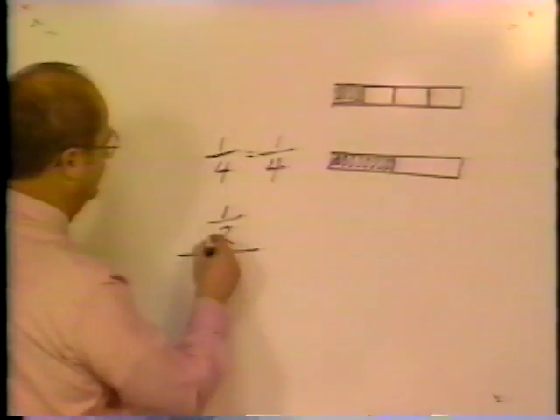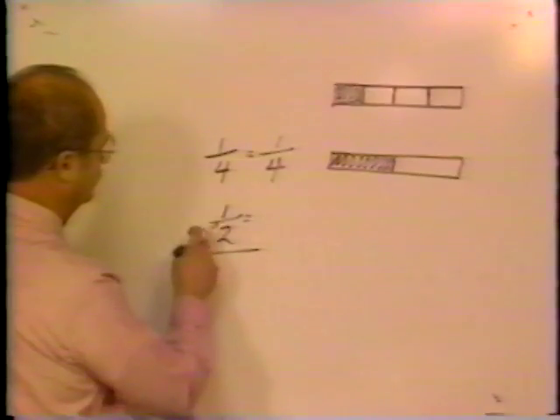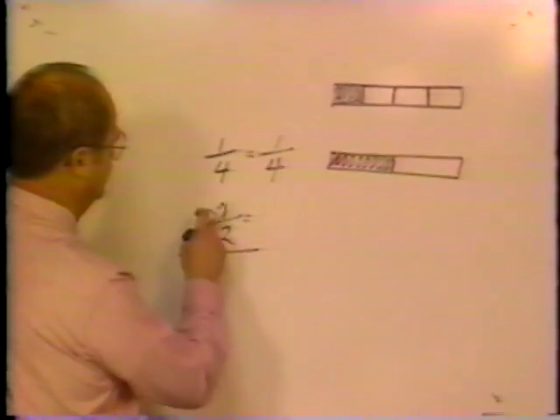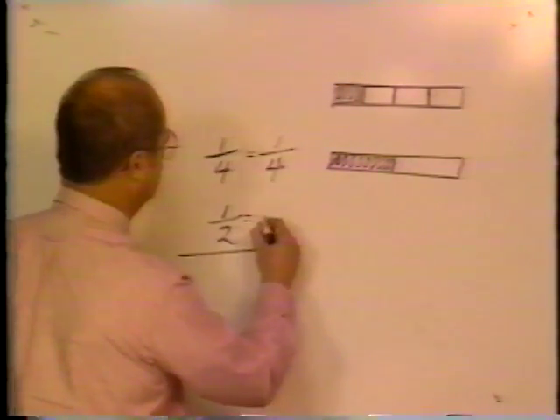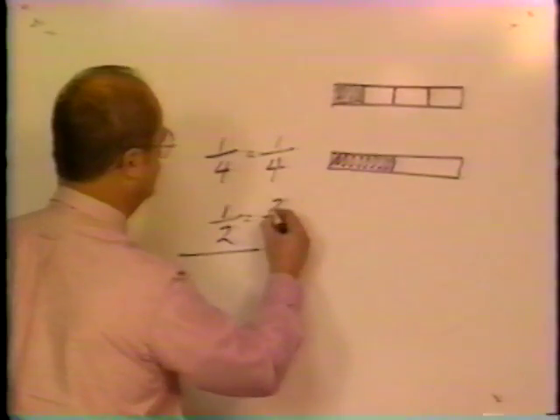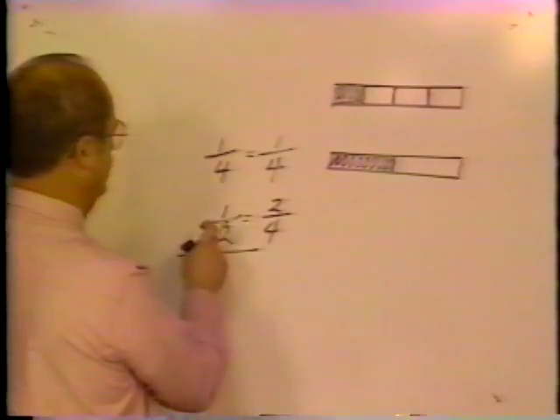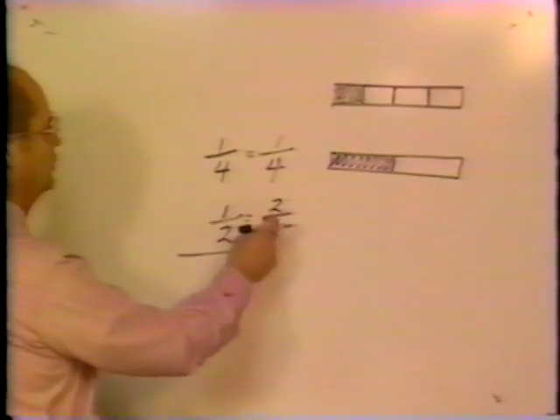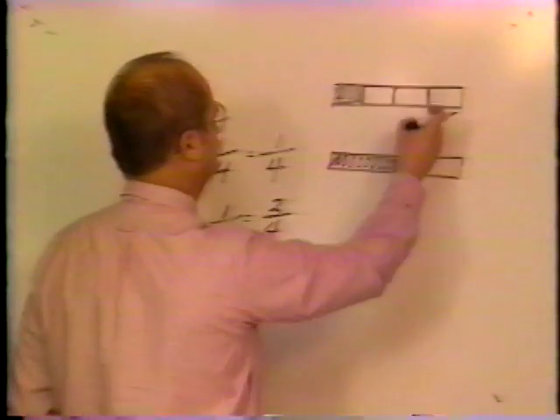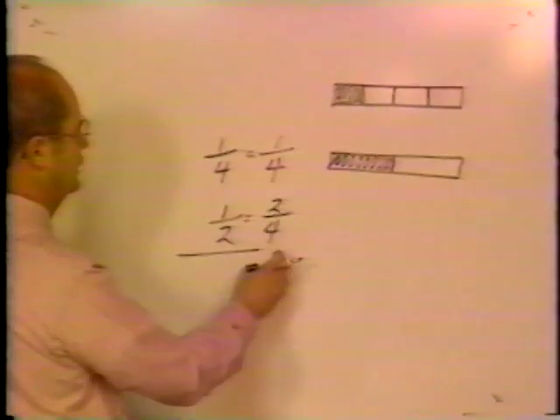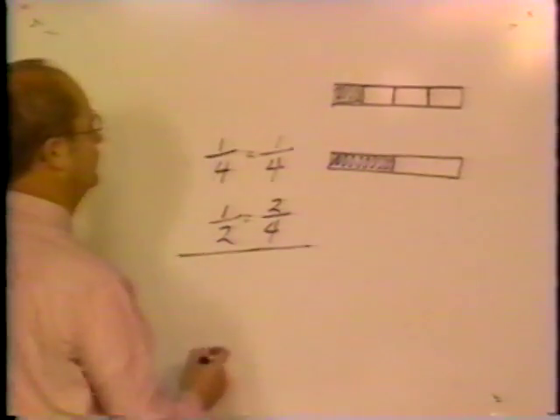Now I want to multiply 2 on both sides, both my numerator and my denominator, so that I would have 2/4. Now 2/4 is the same value as 1/2. However, I'm dividing into the same size segment so that I can add my fractions together.